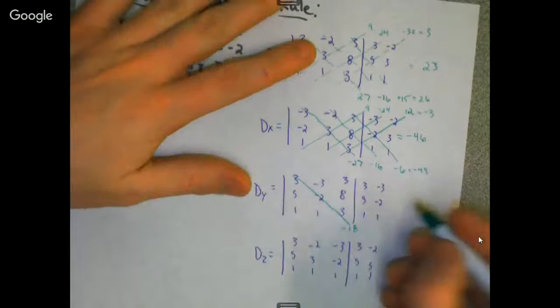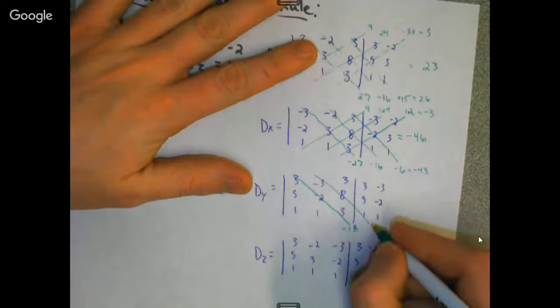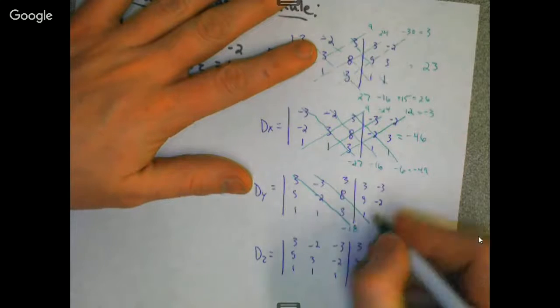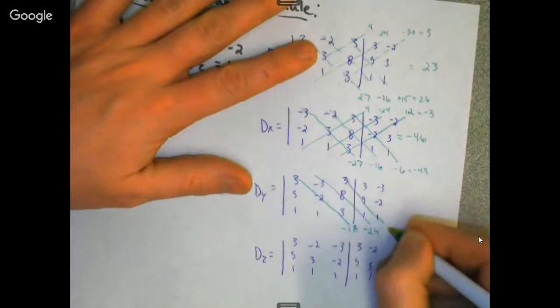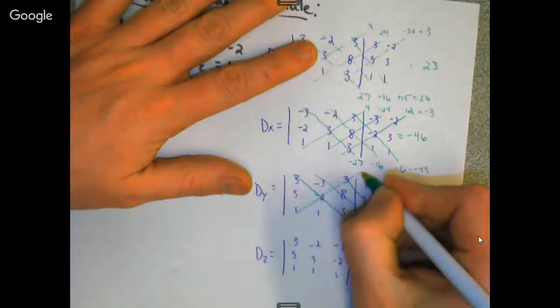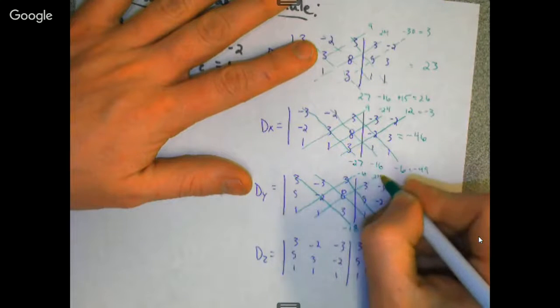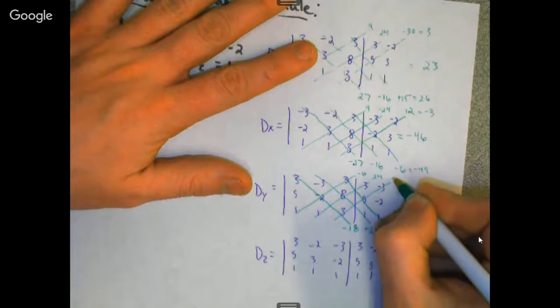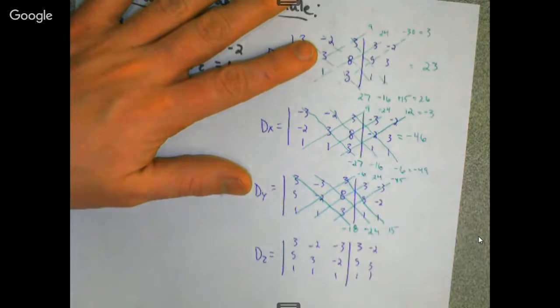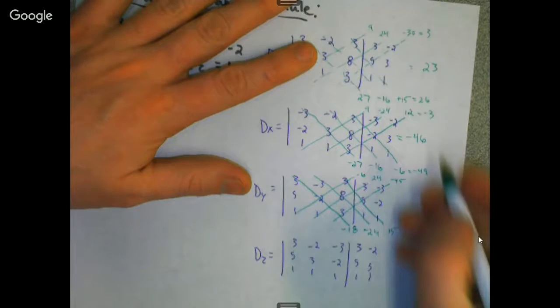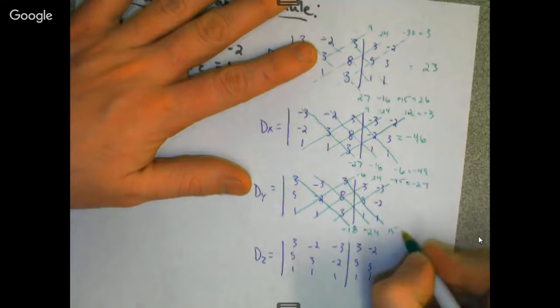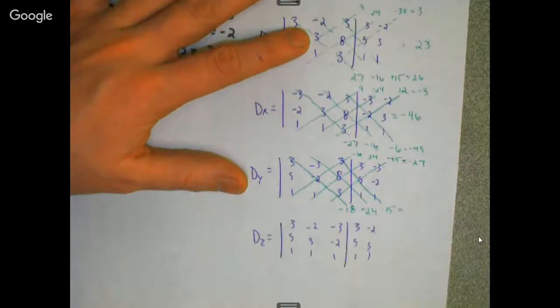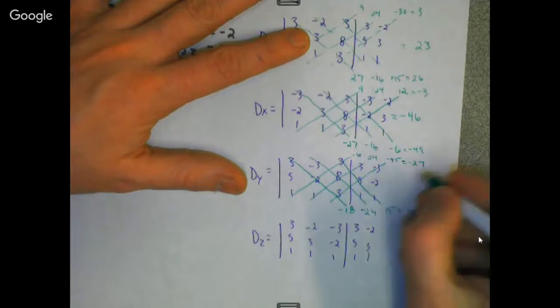Negative 18, minus 24, 15 minus 6, 24, negative 45. So then add those numbers together. You get negative 27 up here. You get negative 27 down there. So negative 27 minus negative 27, you get 0.